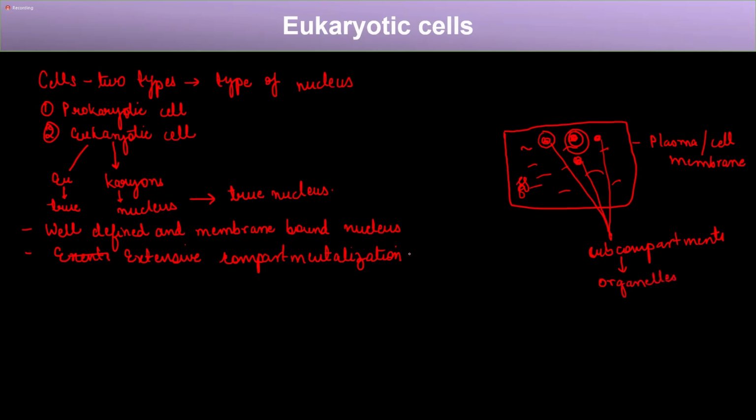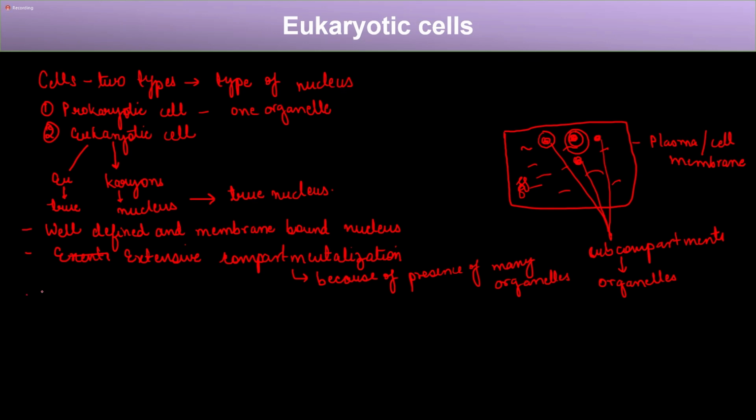A eukaryotic cell has a large number of these organelles, unlike prokaryotic cells, which have only one organelle that was also not membrane bound. Because of the presence of many organelles or subcompartments, a eukaryotic cell is said to have extensive compartmentalization.